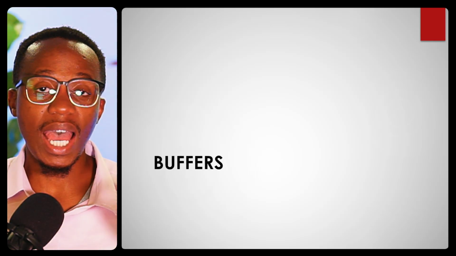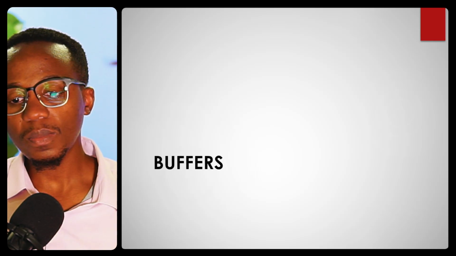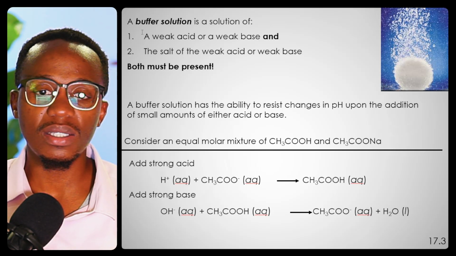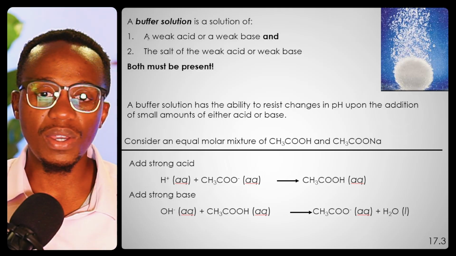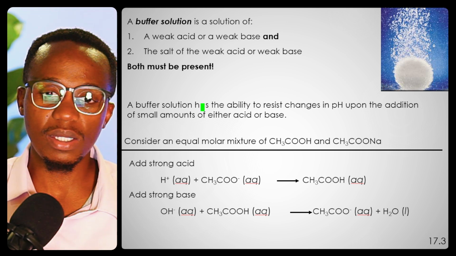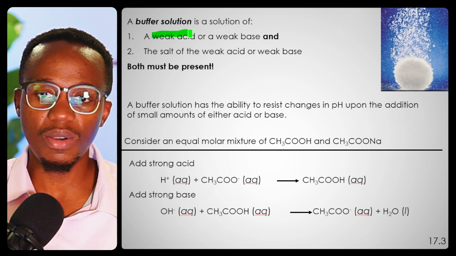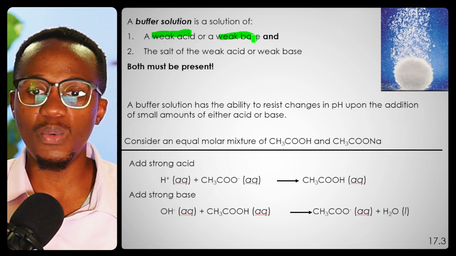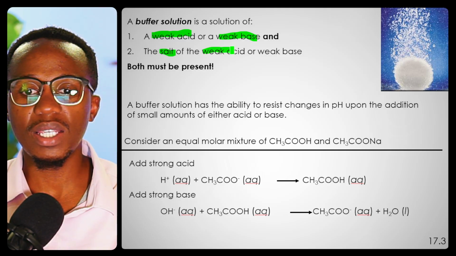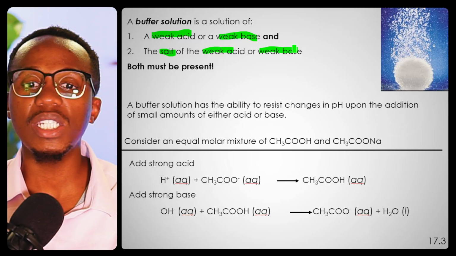So the definition of a buffer is a solution that resists changes to pH when an acid or base is added. And I want you to know why. Why does it resist changes? Because a buffer is going to have two things. It's going to have a weak acid or a weak base, so it will have a weak entity, and then it's going to have the salt of that weak acid or weak base, so it will have the conjugate.